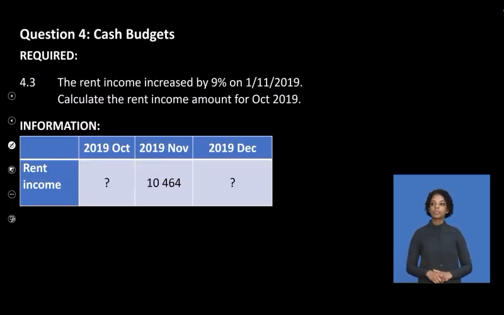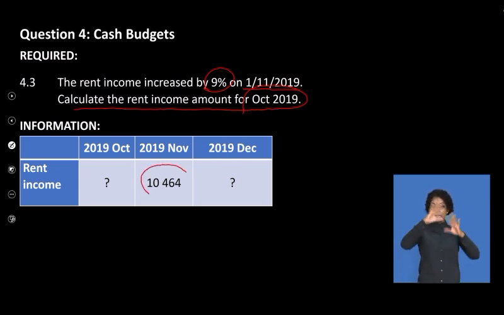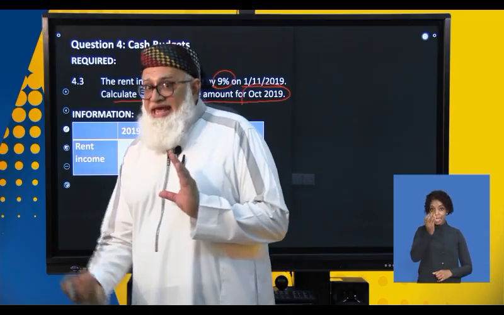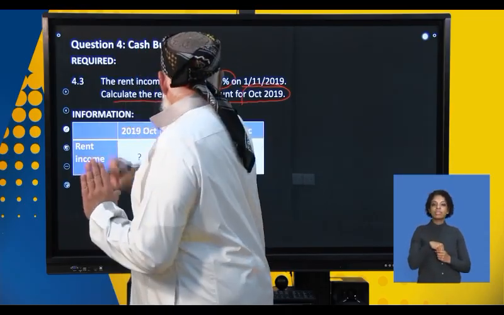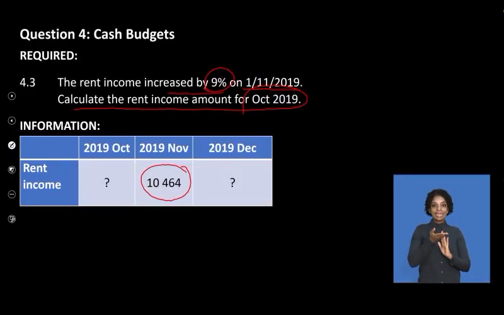They're telling you the rent income was increased by 9% on the 1st of November, right? It was increased by 9% on the 1st of November. Calculate the rent income for October. Okay, so clearly you can see that the November figure is 10,464, which includes the increase of 9%.